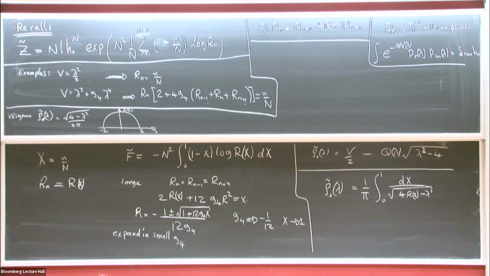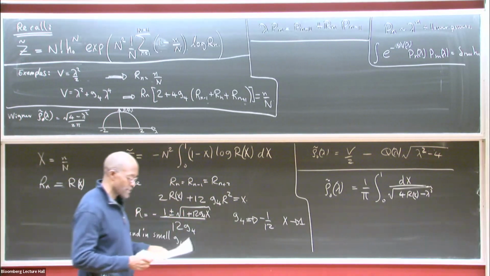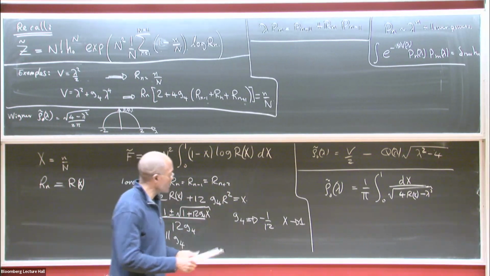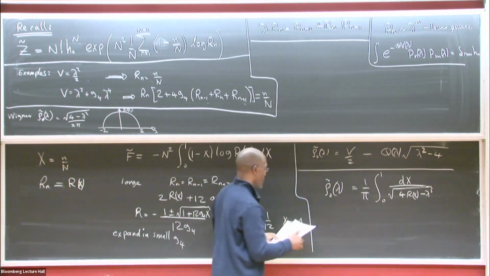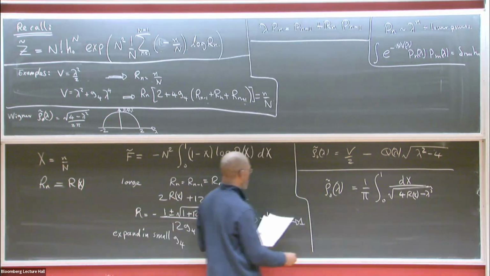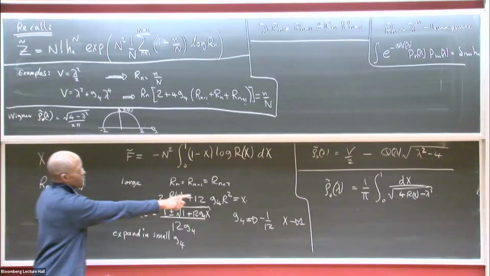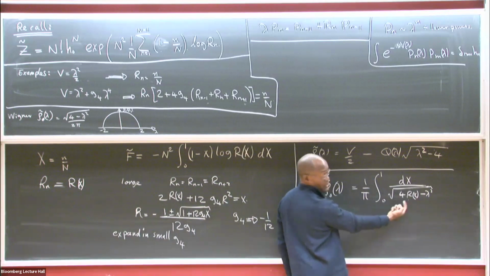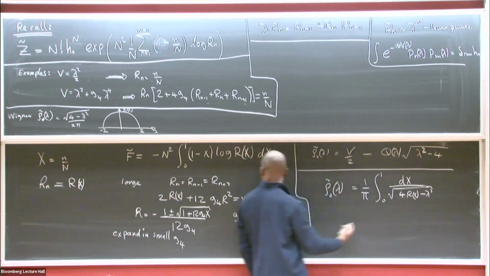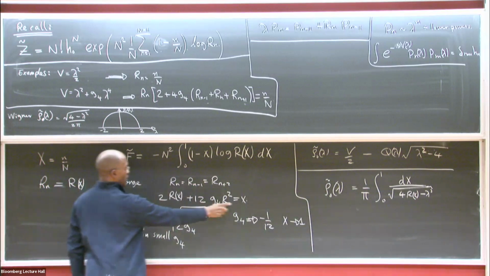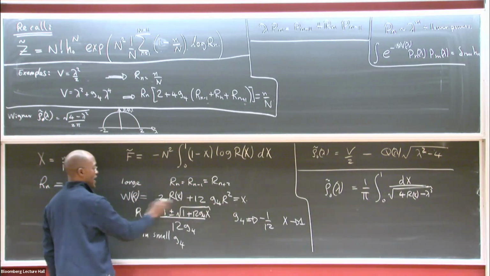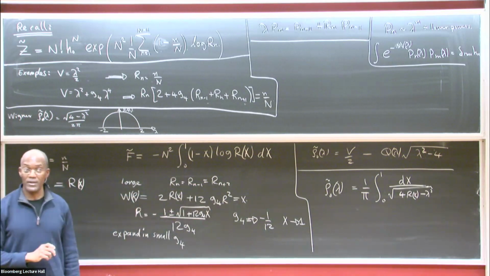What do I want to do? There are different things I can do at this point. Let me finish the job here. The nice way of dealing with this is to change variables from integrating over x to integrating over r. We have a relationship between x and r here, which I could call w of r. x is some function of r.